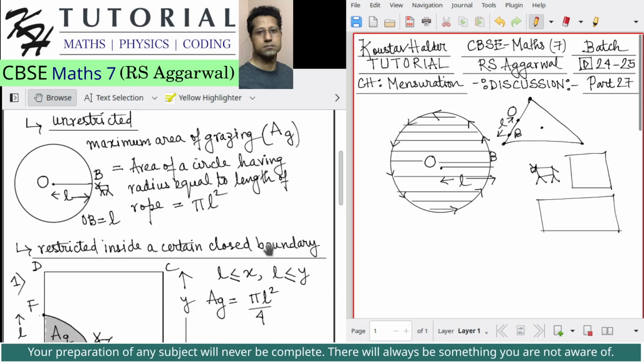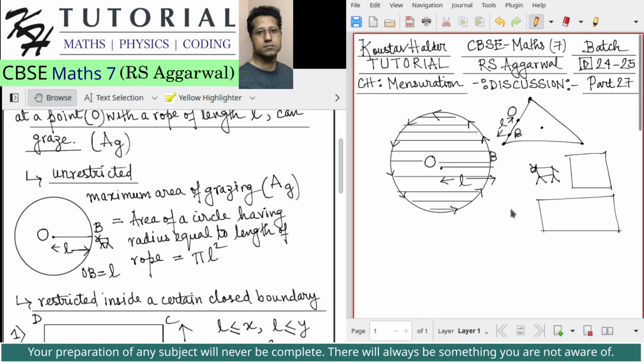So in general, if the movement of the animal is not restricted, then the maximum area the animal can graze, if tied in any grassy plot area, will be the area of the circle having radius equal to the length of the rope L. So in that case, the area will be pi L square.